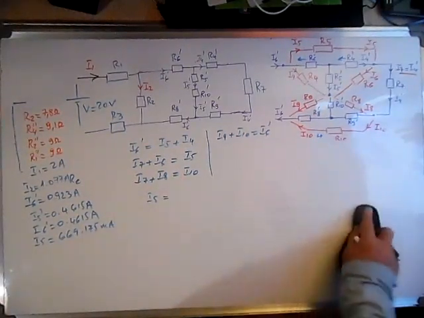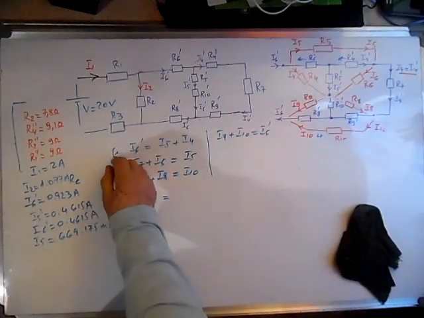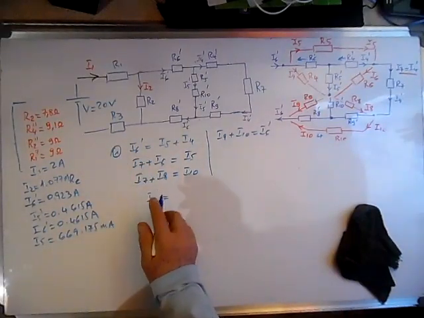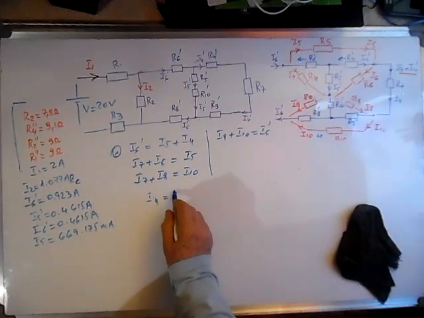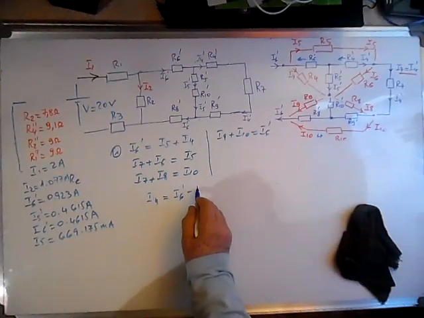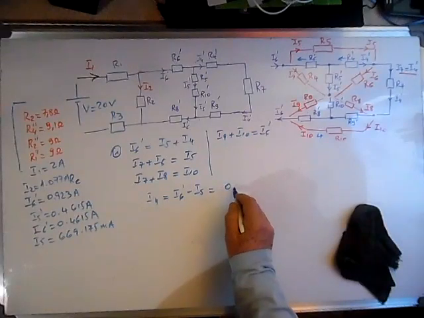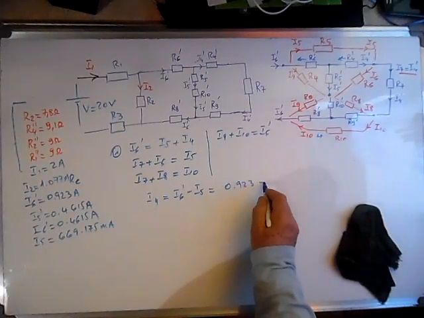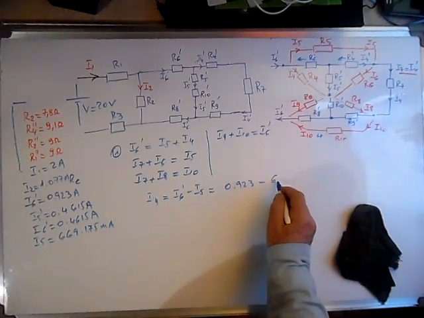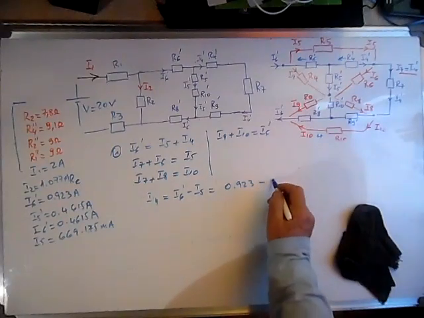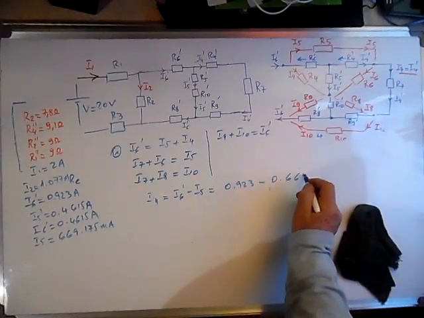Knowing I5, we can calculate I4 with this equation. I4 is equal to I6 prime minus I5, and this is I6 prime 0.923 minus 0.669.